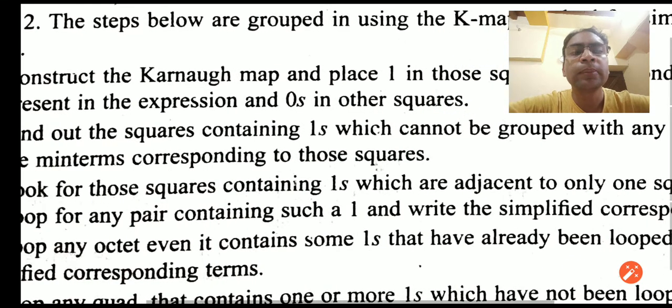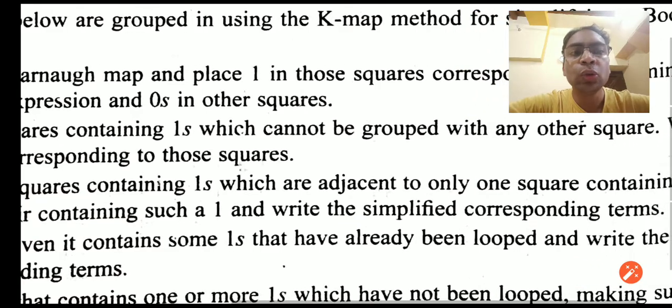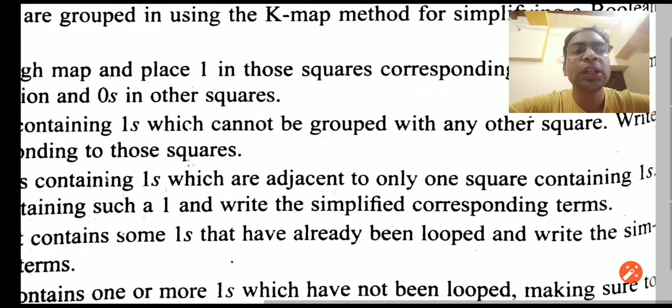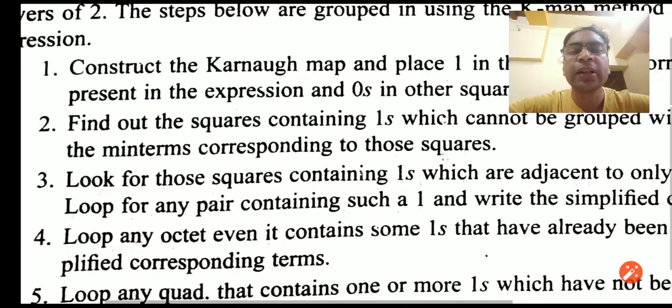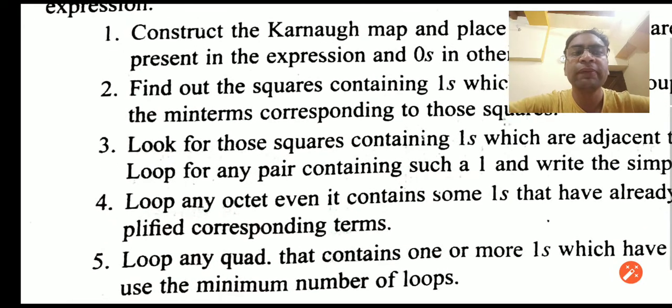That will bring the duals for us, and we'll use the corresponding simplified terms. So first we'll find all singletons, then we'll find all duals. Remember, we will find a dual for which quad or octet is not possible. So we'll not take those ones which can be involved in a quad. We'll take only those ones which cannot be involved in any quad or any octet.